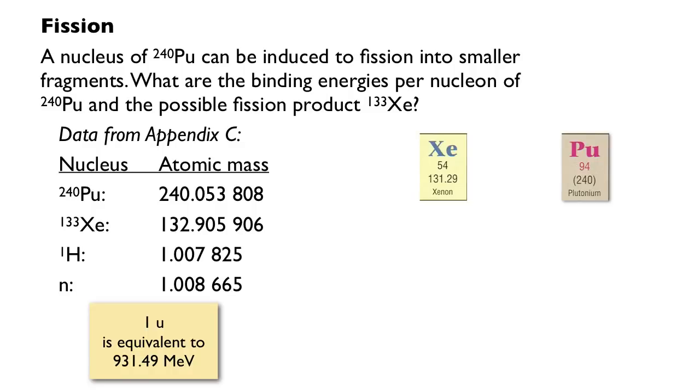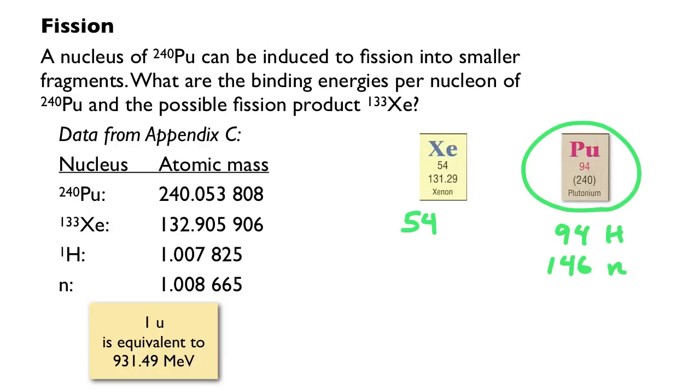And of course, to make a plutonium-240, that's going to be 94 hydrogens plus, let's see, 146 neutrons. Making up a xenon-133 is going to take me 54 hydrogen atoms plus 79 neutrons.